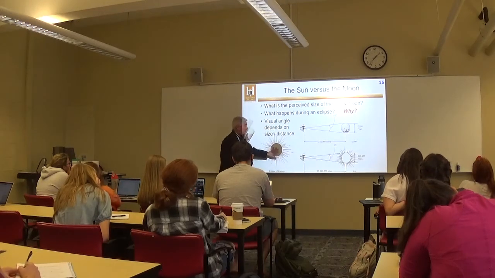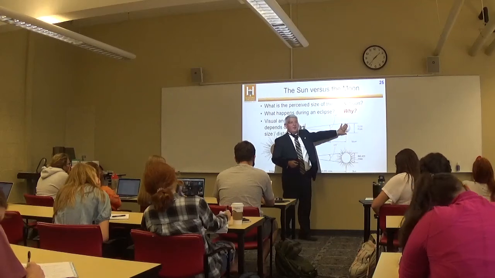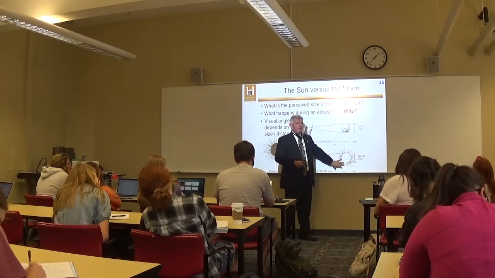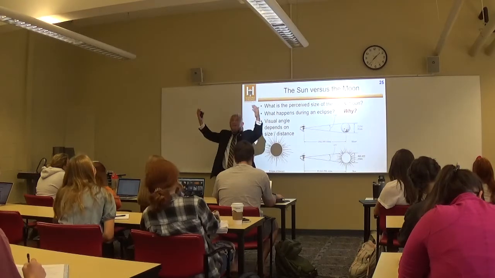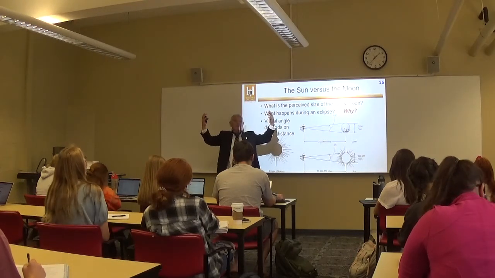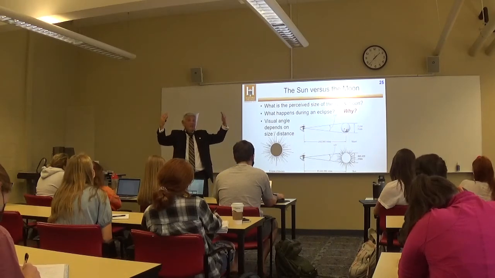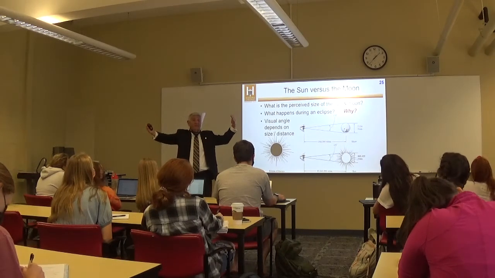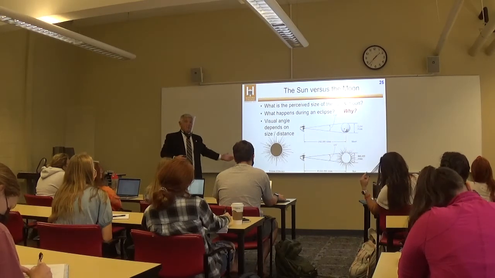So when they appear the same size, the moon is way smaller, 2,200 miles across, because of that distance. But when we look up in the sky, we have no depth cues to tell us that one is infinitely further away than the other. So they appear the same size.